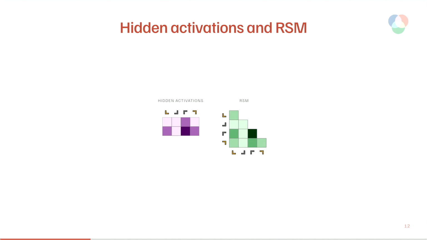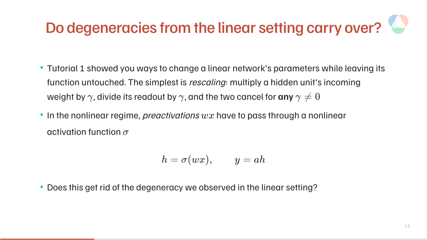And then the RSM is just a Gram matrix that Lukas introduced, so that's just H transpose H, and I'm only showing you the bottom triangular part of this matrix because this matrix is by definition symmetric, so the upper right would look basically exactly the same as the lower left. So that's basically all of the visual elements that you need to understand to follow along.